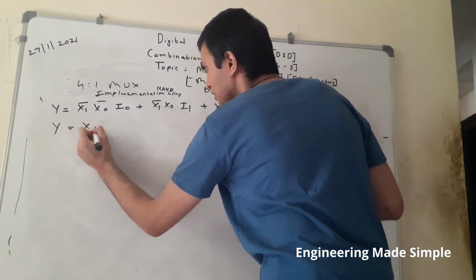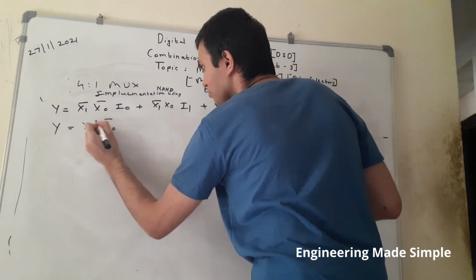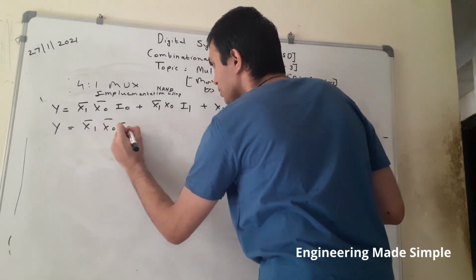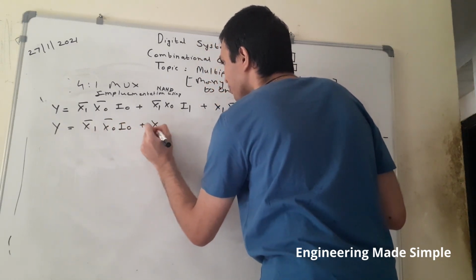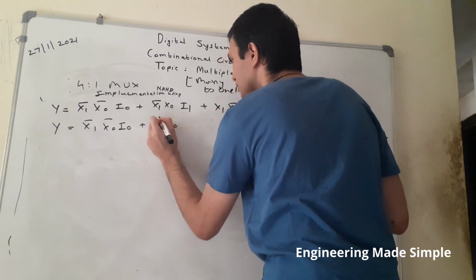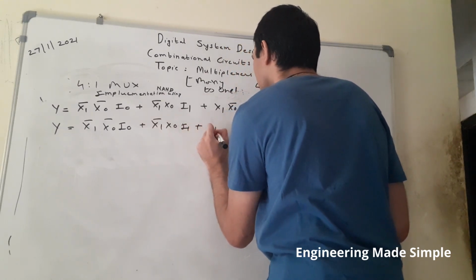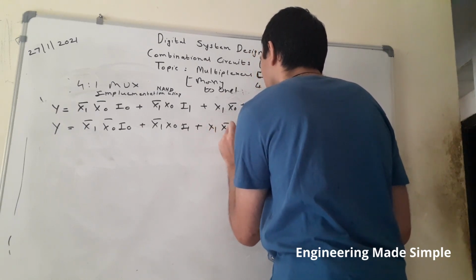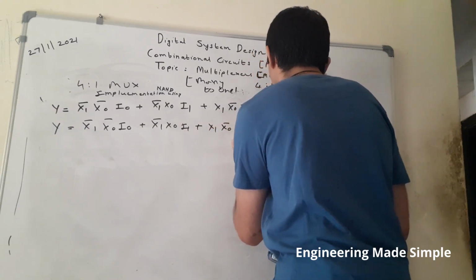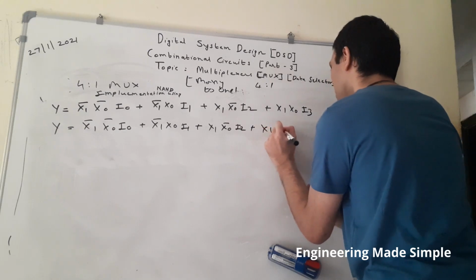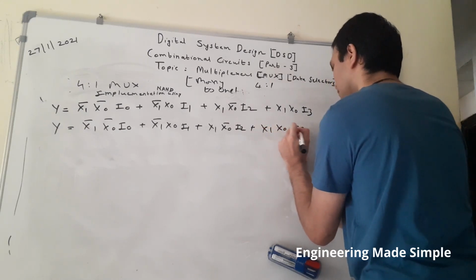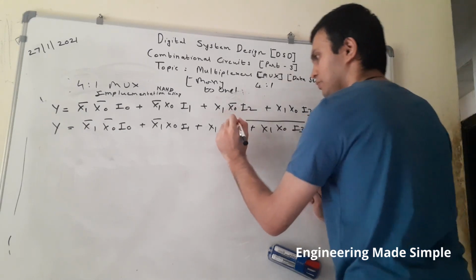So this will be x1 bar, x0 bar, I0 plus x1 bar, x0, I1 plus x1, x0 bar, I2 plus x1, x0, I3, and its double complement.